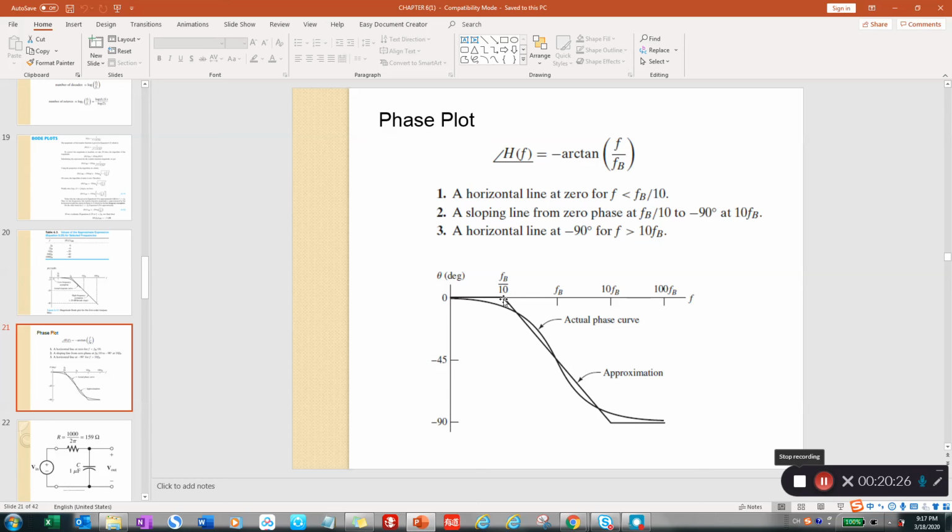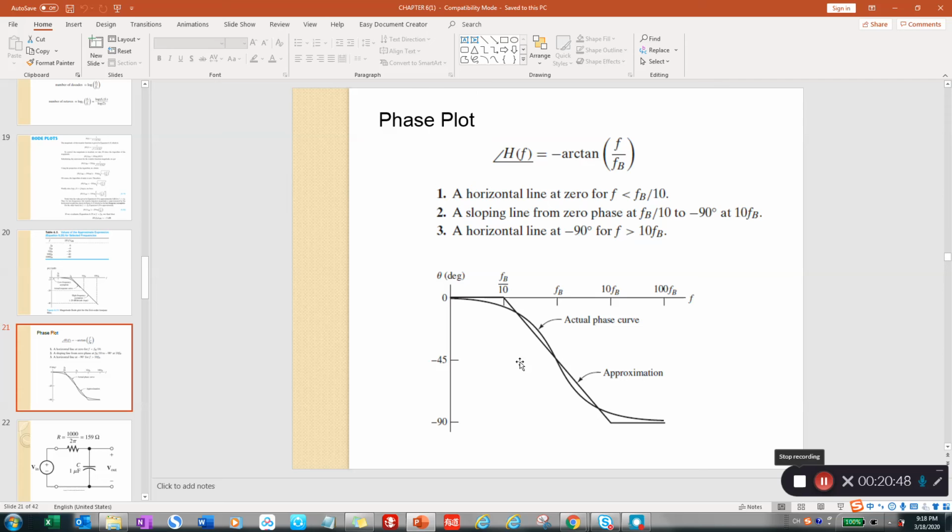And then we have these 3 points here: tenth of FB, FB, and 10 times FB. Then you can connect these 3 points. You will get the straight line indicating the change of the phase angle.